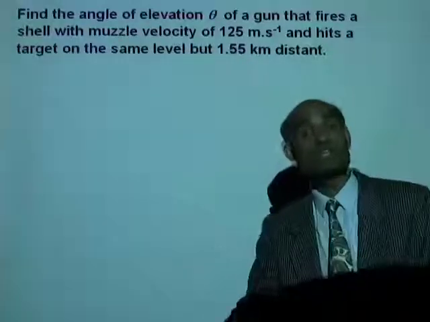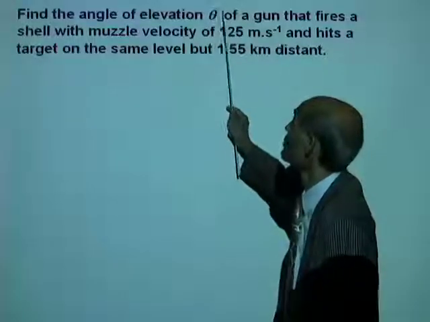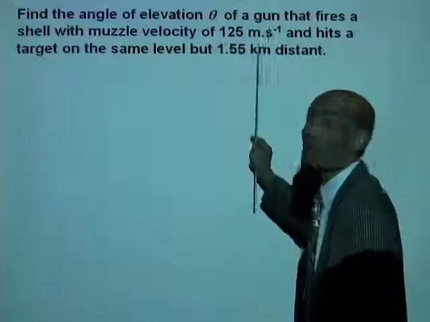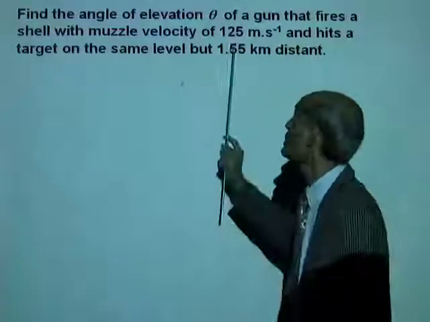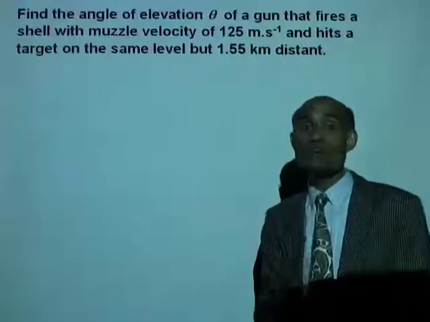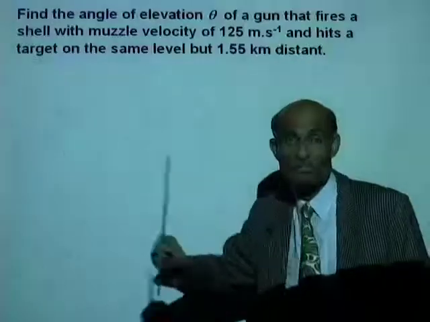Well, what are the given data we have? We need to find the angle of projection theta. We know the velocity of projection V0 is 125 meters per second. What else do we know? We know the horizontal range, the horizontal distance traveled.